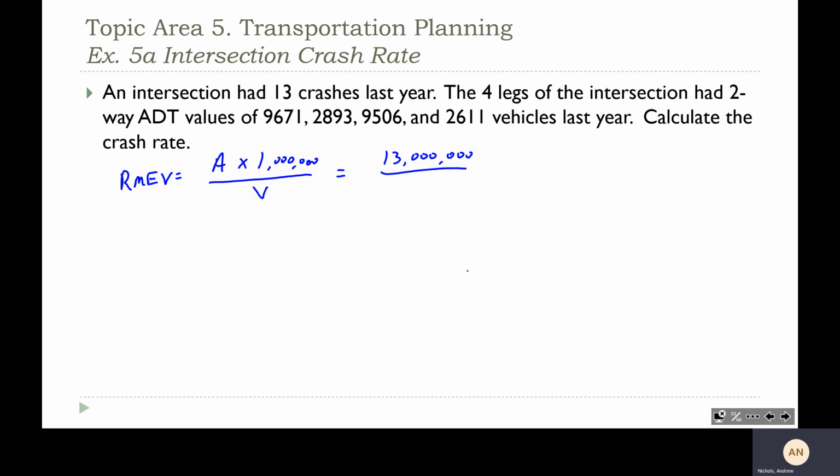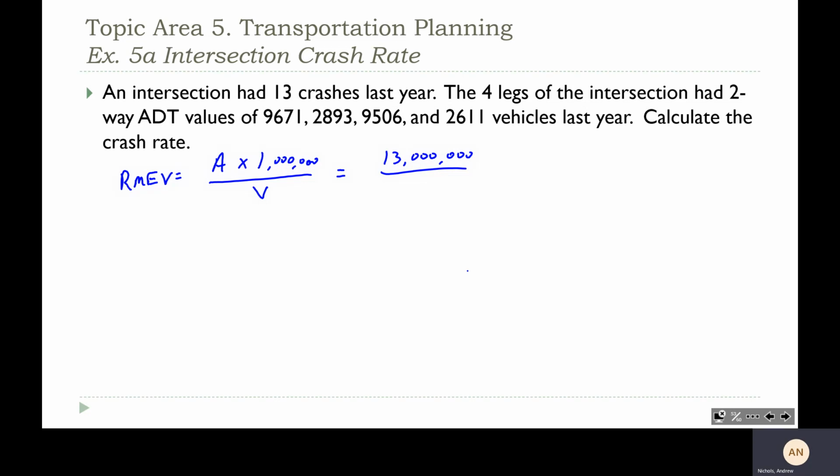So what does ADT stand for? Average daily traffic. So we want to scale our average daily traffic up to the annual volume. So average daily traffic times 365.